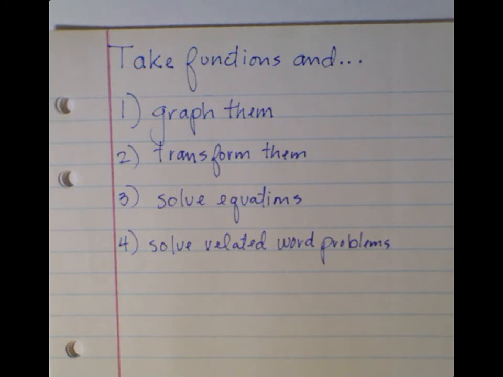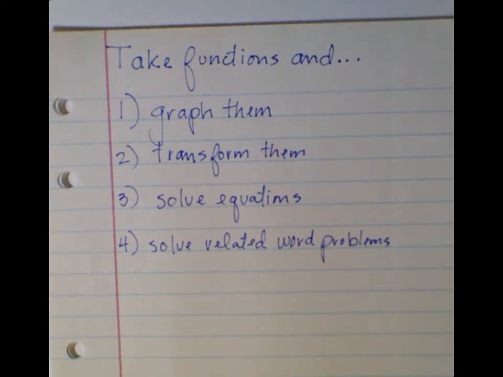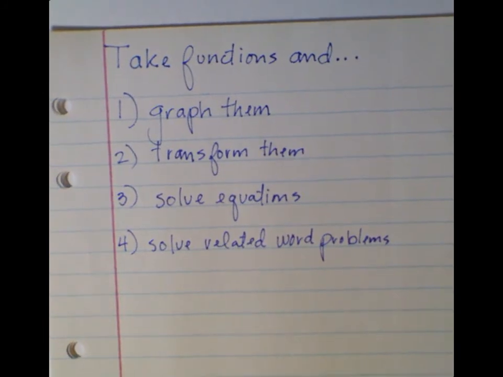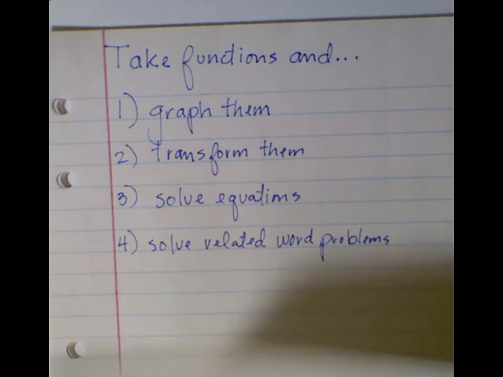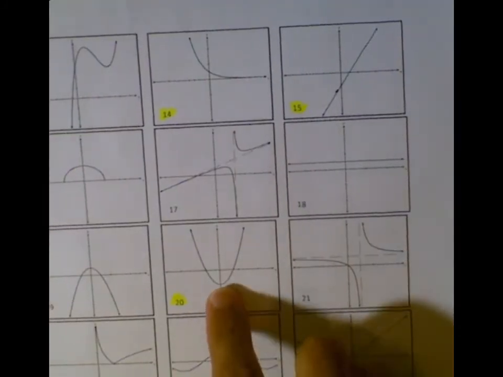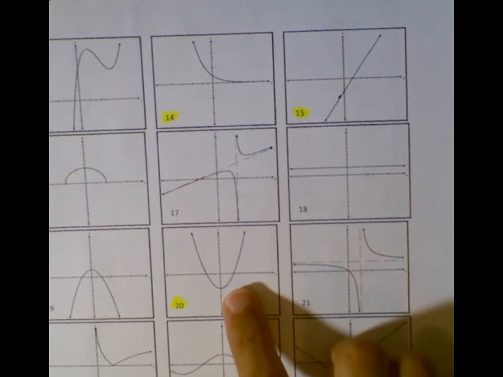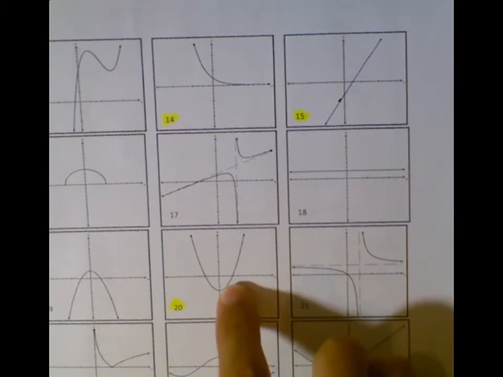So I imagine you have some familiarity with graphing, and that's something that we'll focus on heavily this year. If you've forgotten what transformations are, you can take a look at this graph. So here's an example of a function's graph, and we're going to learn how to transform this graph.